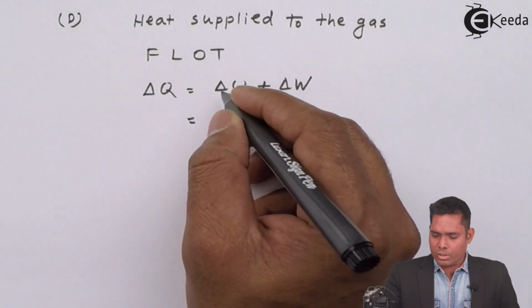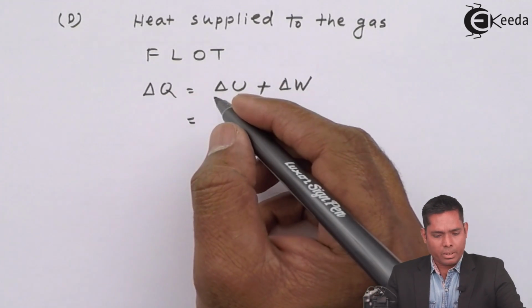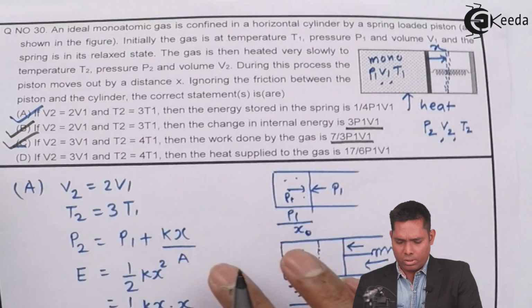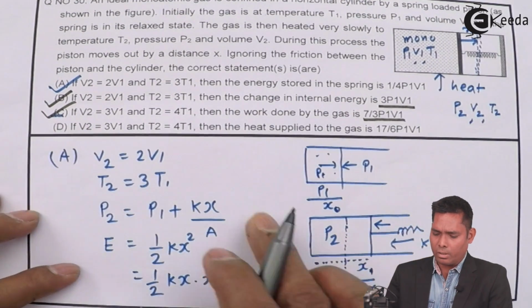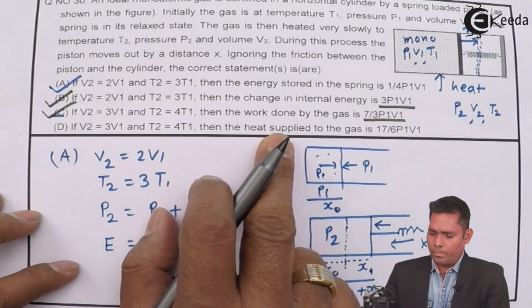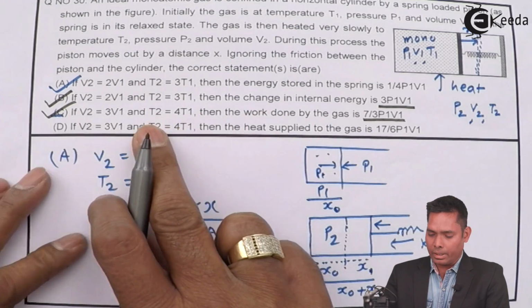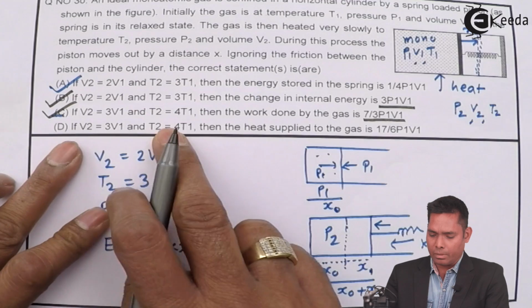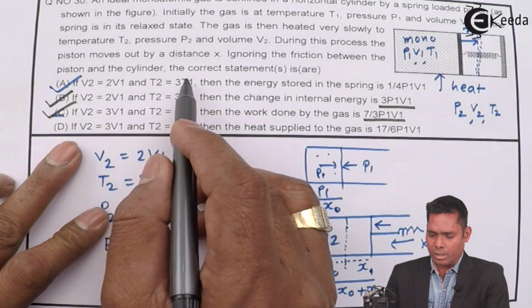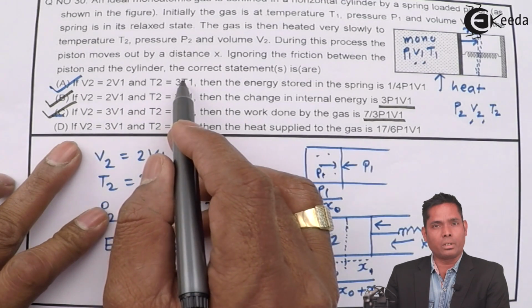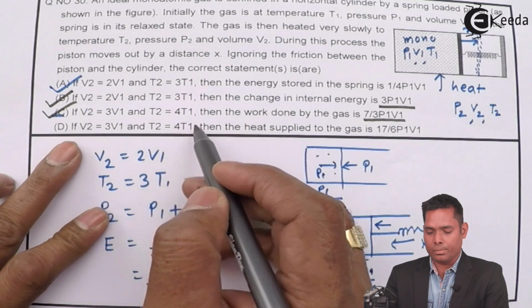The increase in internal energy that we got earlier will be different here, because work done is okay, but you cannot take the internal energy that we've got earlier, because the temperature here is 4T1, not 3T1.